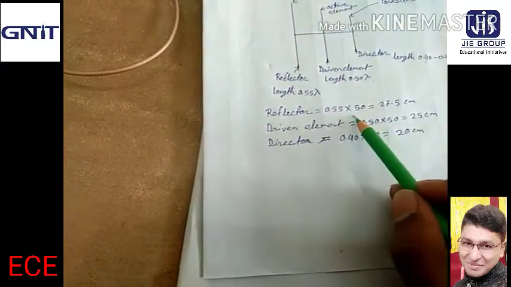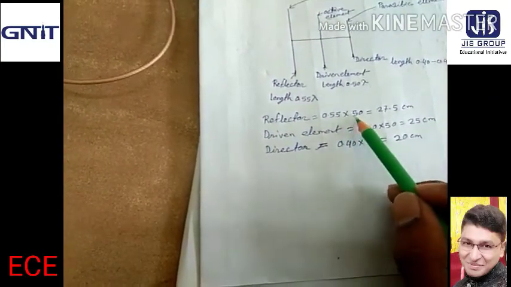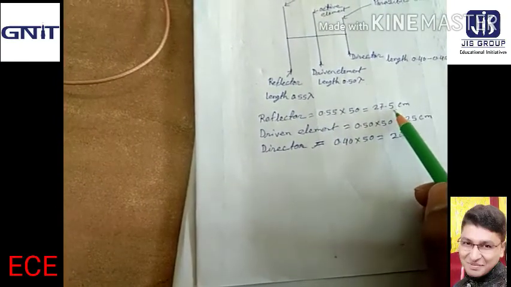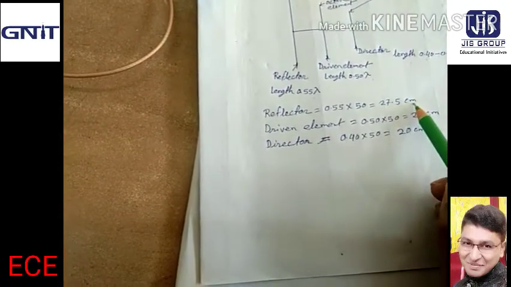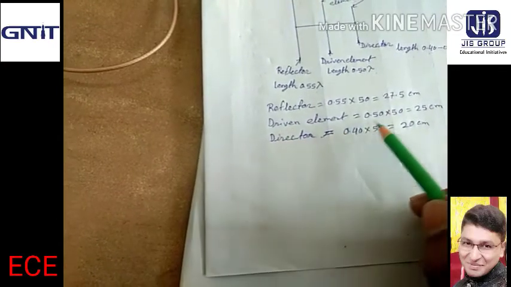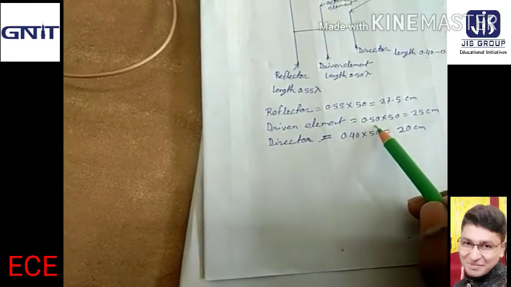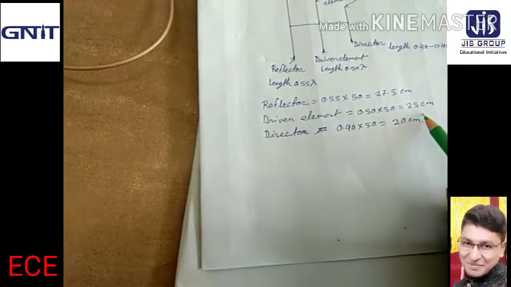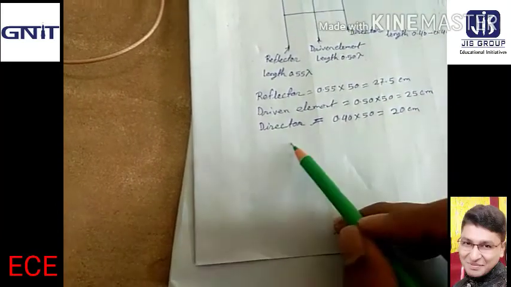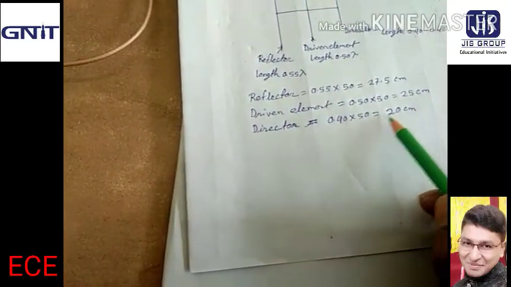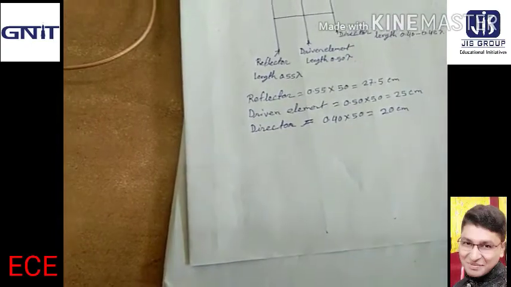Now reflector length 0.55 into 50 is 27.5 centimeter, driven element is 0.5 into 50, that is 25 centimeter, and director is 0.4 into 50, that is 20 centimeter.